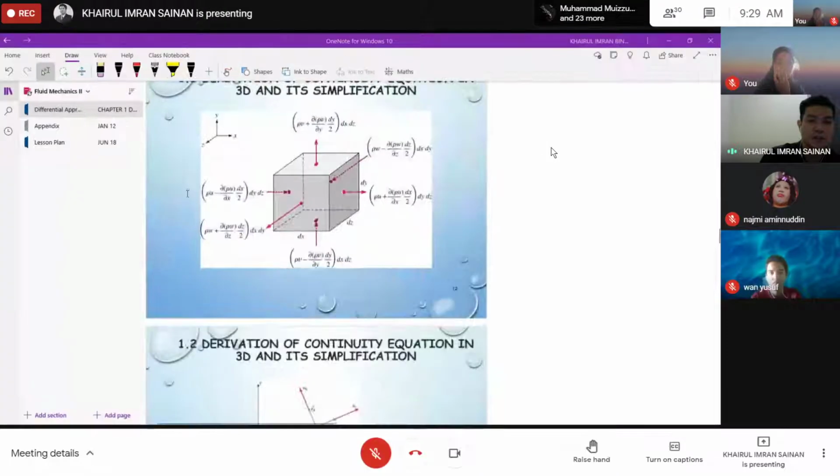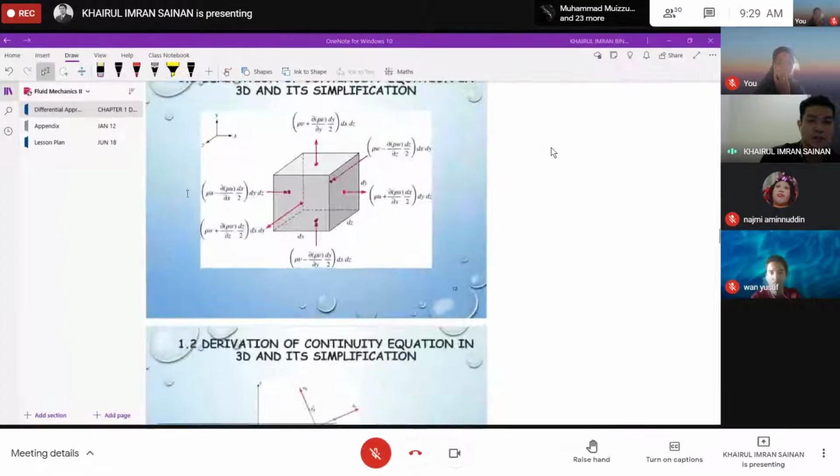Okay. Done. So that is chapter 1.2, the continuity equation. You're going to use this a lot later in the Navier-Stokes equation as well. Any question? No. Okay. All right.